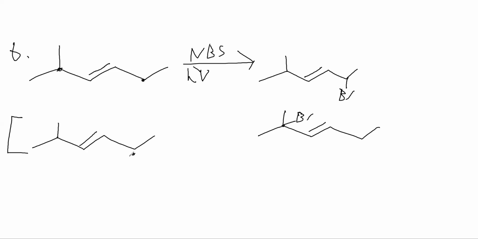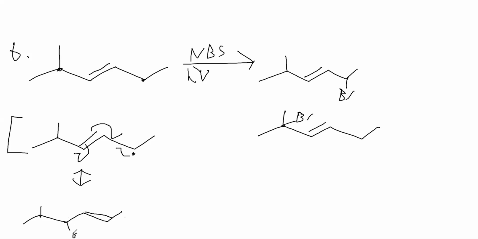This radical here has a resonance form with the double bonds, just like any other allylic radical. So now we have this radical here, and that leads to a product, which I'll try to draw to save space.